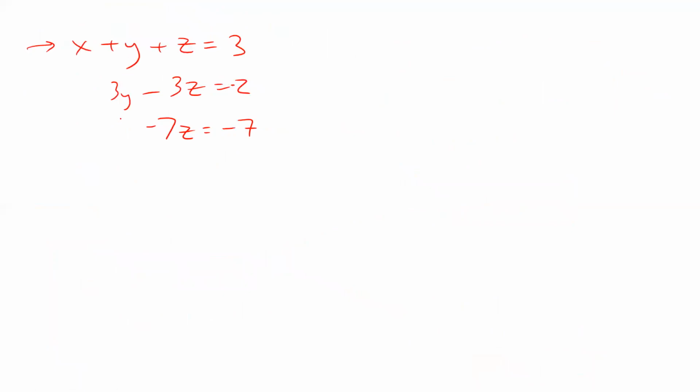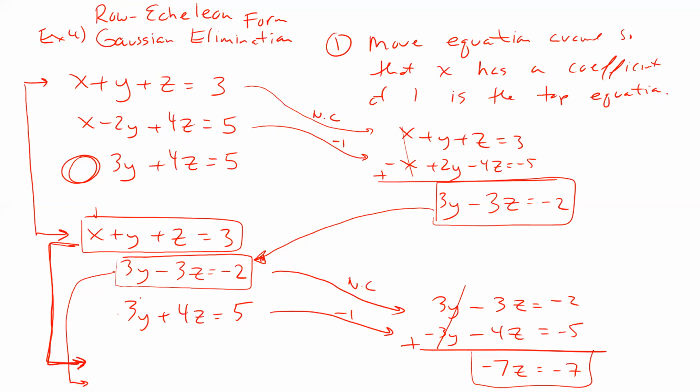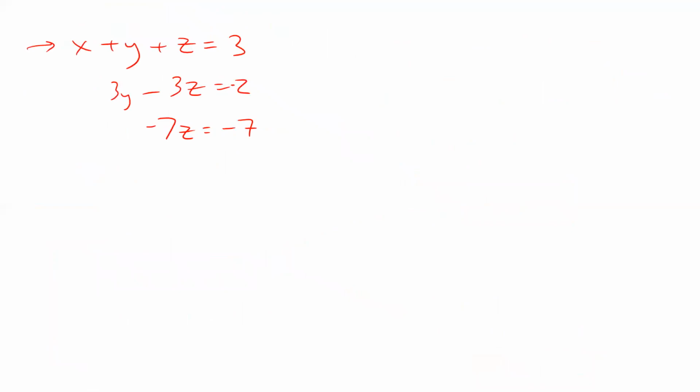Now what I want is to get rid of anything that has a y underneath this guy. So this little guy needs to go. So we multiply this bottom equation by -1, and it eliminates the y value as planned. Now I have just a z by itself, and that becomes our third equation. So -7z equals -7 becomes this equation right here now.